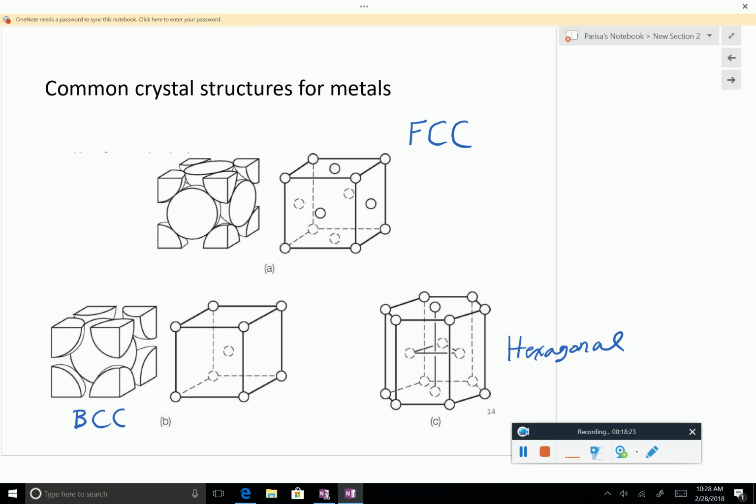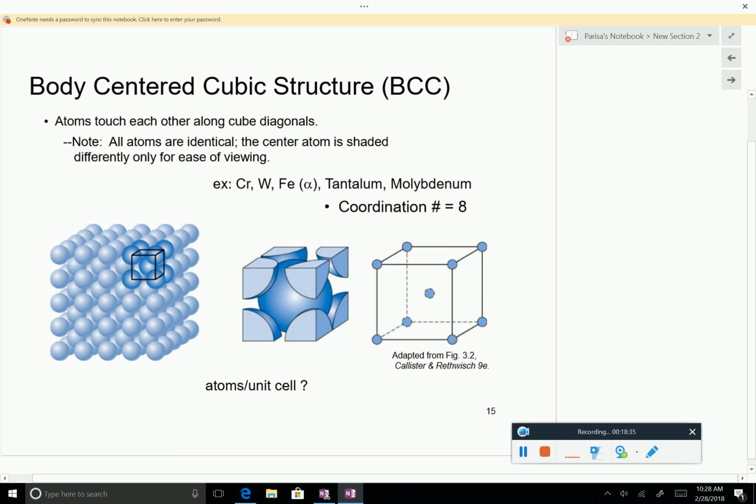So it's called body-centered because you see there is an atom in the middle. The other ones, you have atoms on each face. So that's why it's called face-centered. So, a nicer picture. We start with body-centered cube structure, BCC.